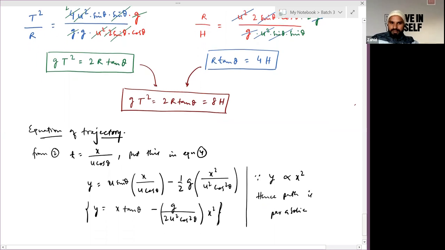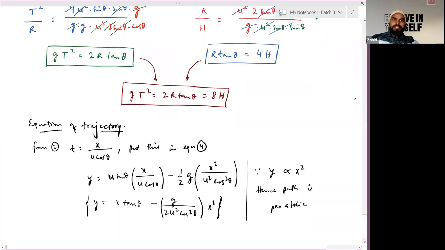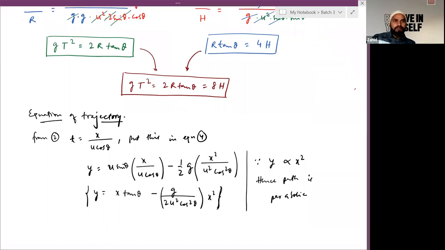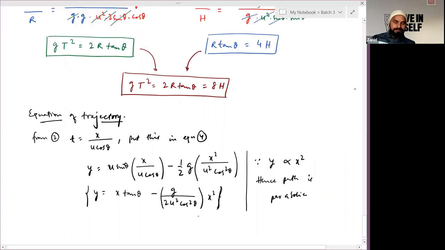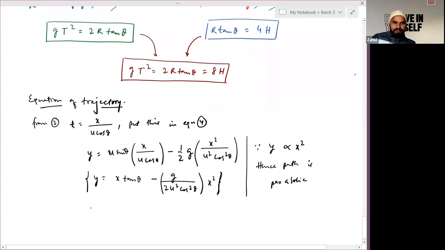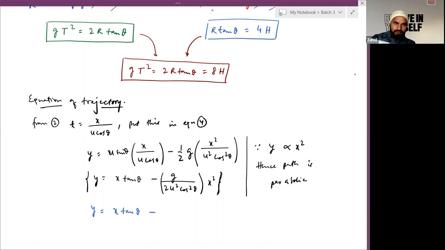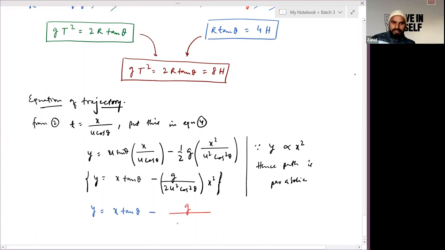Now we have to relate this equation of trajectory in some way to find a relation with range. Just see how to relate it. We may write this equation of trajectory as y is equal to x times tan theta minus g divided by u square to sine theta into cos theta.